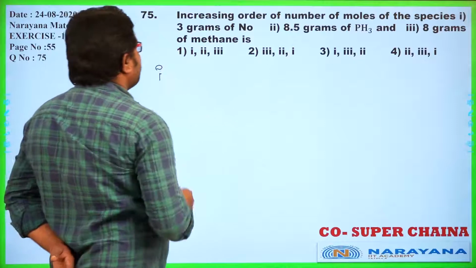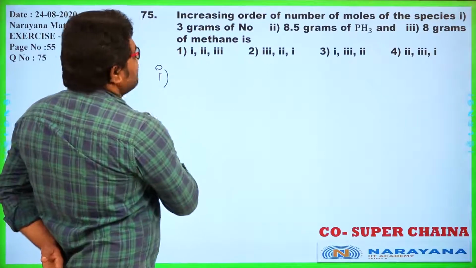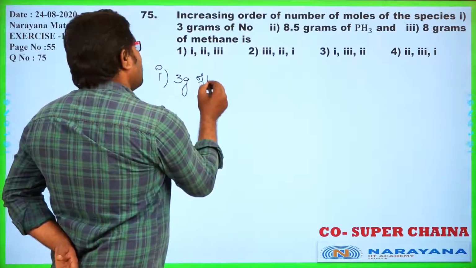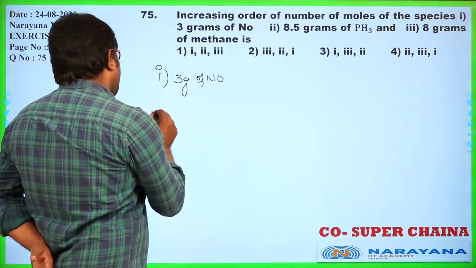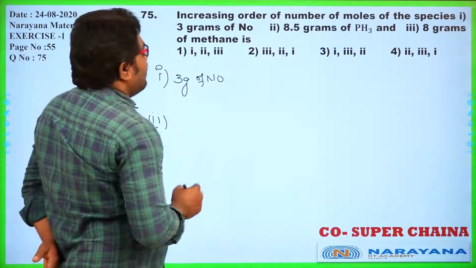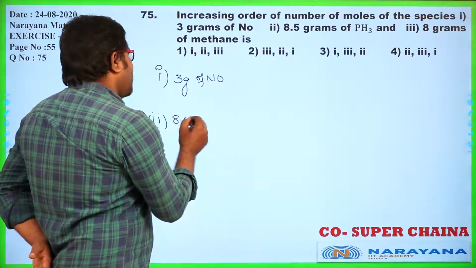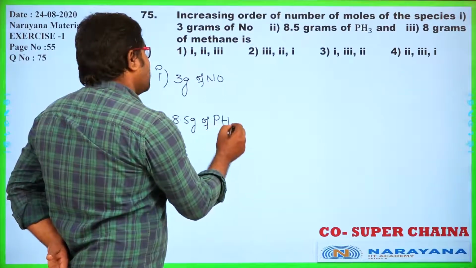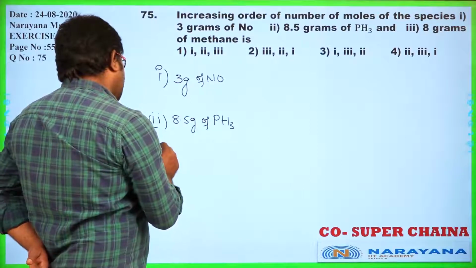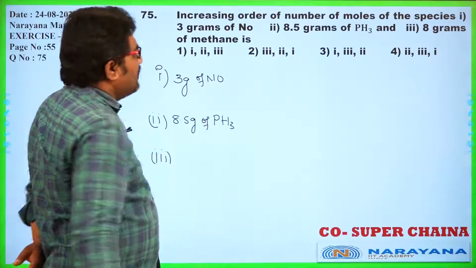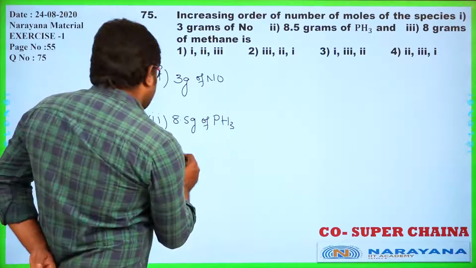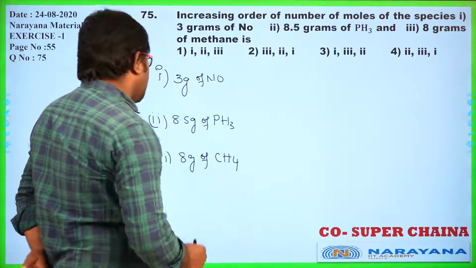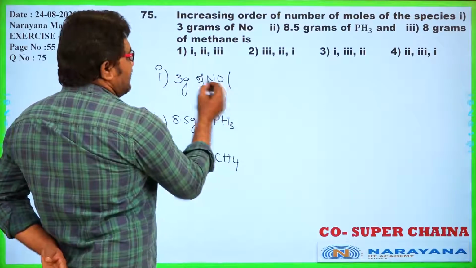The first one is 3 grams of NO. The second one is 8.5 grams of PH3, phosphine, and the third one is 8 grams of methane. What is the formula of methane? Yes, CH4. Now what is the gram molecular weight here?